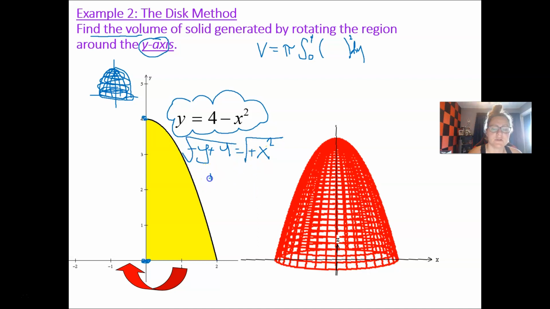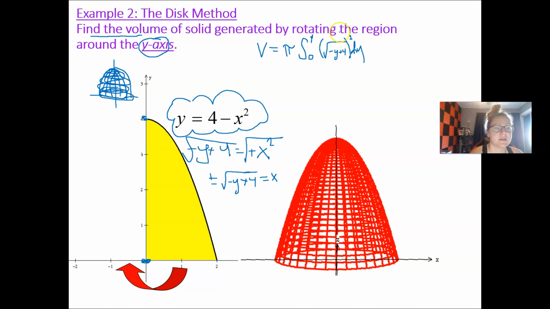Okay, and so you would get plus or minus the square root of negative y plus 4 equals x. And the fun fact is that since we're going to square it, that little plus or minus really doesn't matter. So it's going to be the square root of negative y plus 4.